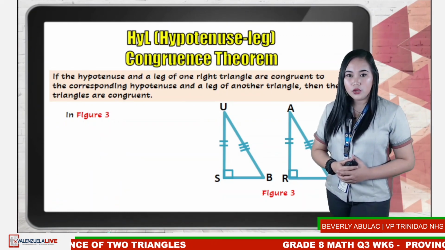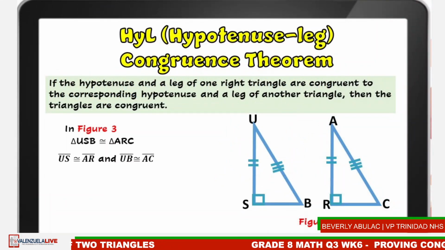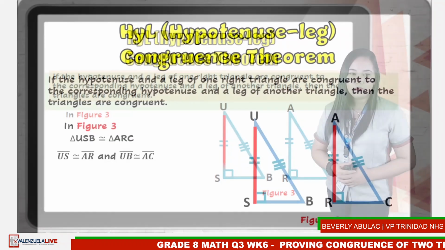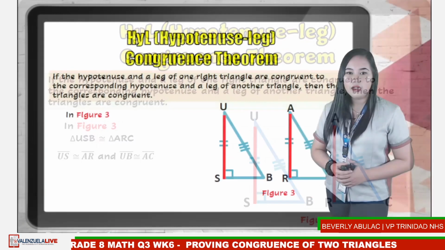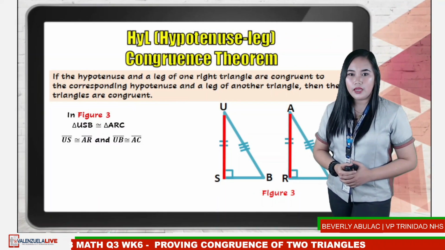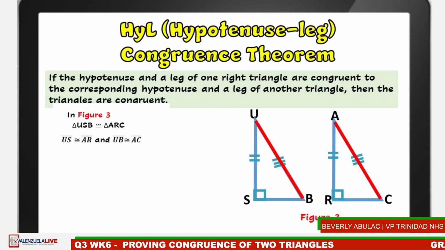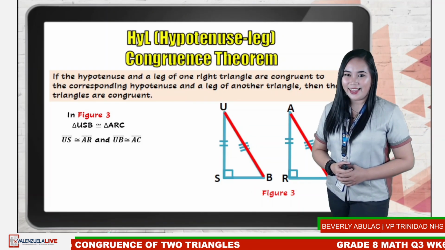As shown in figure 3 at the right, triangle USB and triangle ARC are right triangles. Segment US and segment AR are the legs, and segment UB and segment AC are the hypotenuses of the given triangles.